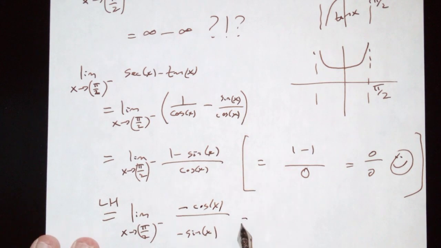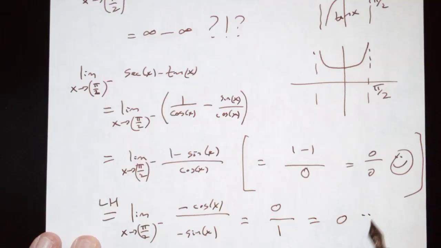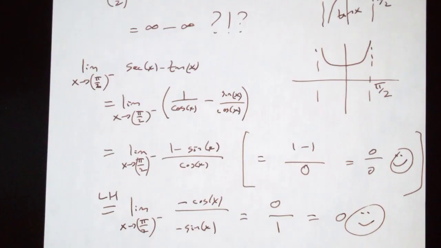Those minuses cancel. If I put in pi over 2, cosine of pi over 2, we just did that. Sine of pi over 2, we just did that. Worked, Martin. Worked. We got it.